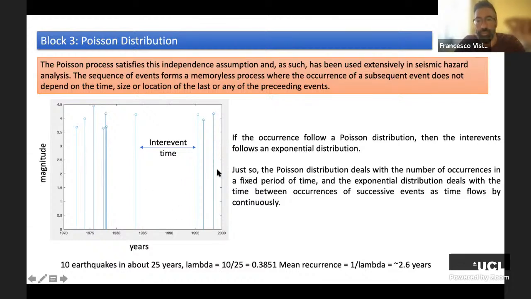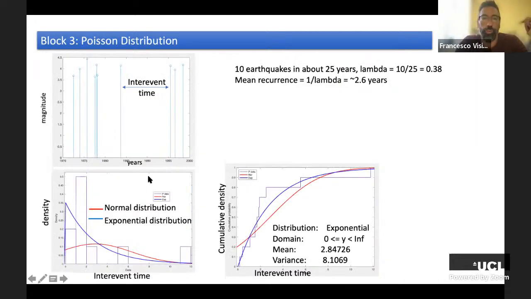The Poisson process is very important because it satisfies the independency assumption and has been extensively used in seismic hazard. An important note is that if the occurrence follows a Poisson distribution, the inter-events follow an exponential distribution. So the Poisson distribution deals with the number of occurrences, and the exponential deals with the time between occurrences. So if we have a set of occurrences of an event, and we calculate all the inter-event times, we can try to fit this inter-event time with an exponential distribution.